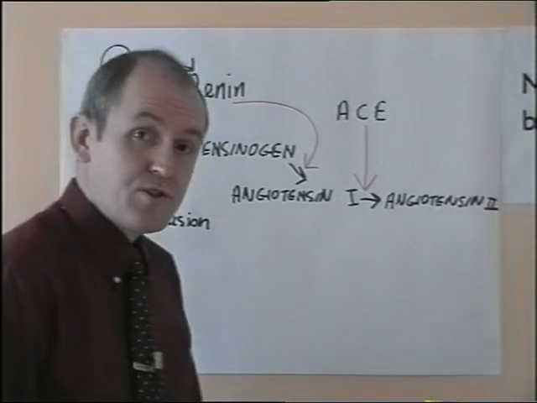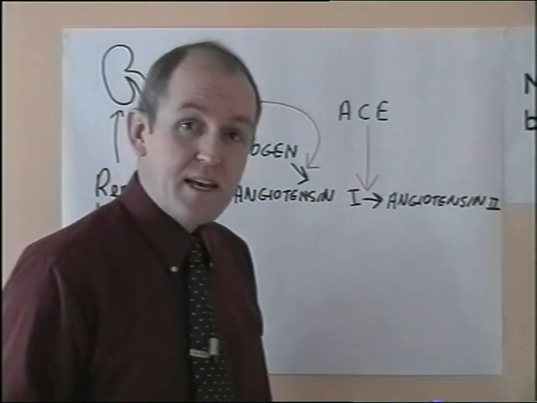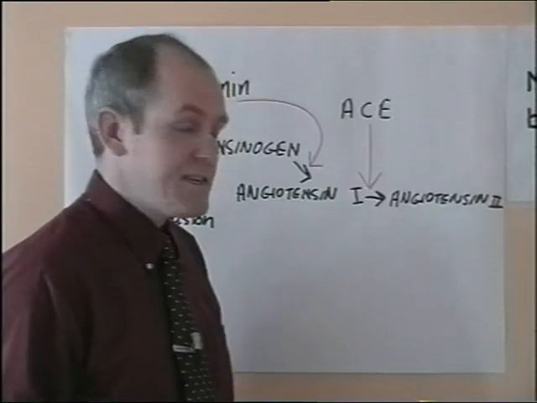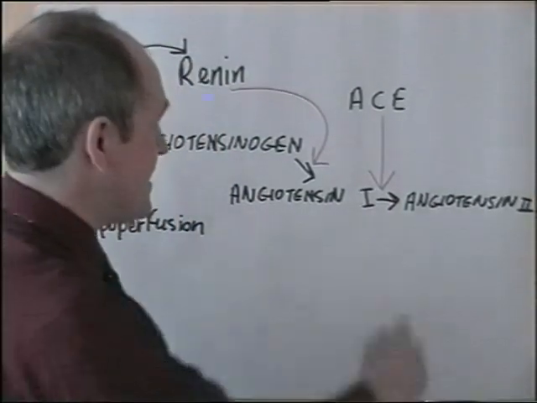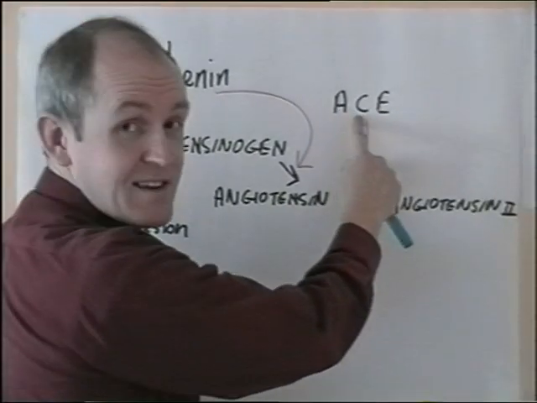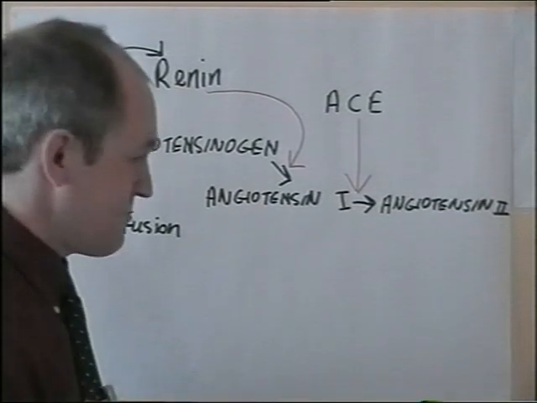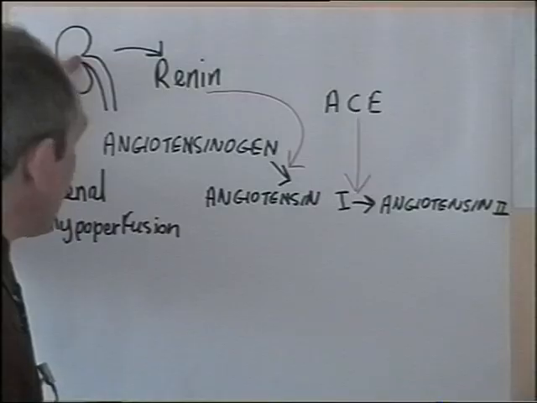You may have come across drugs called angiotensin converting enzyme inhibitors, ACE inhibitors. ACE inhibitors work by inhibiting the activity of the angiotensin converting enzyme. So let's review what's happened. The kidney is hypoperfused. That's detected.